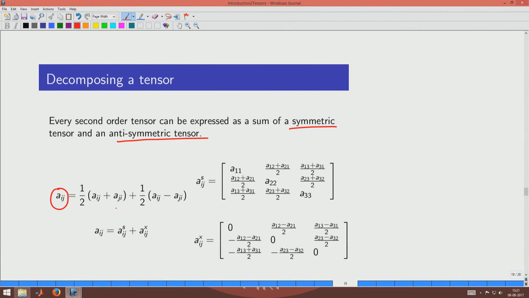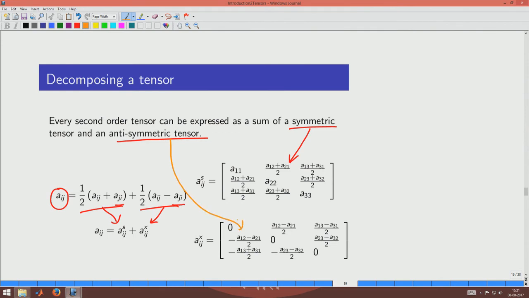What we do is that we add half of Aji and we subtract half of Aji. So, we have not done anything to the tensor Aij, but you see that the first term here is the symmetric part and the second term here is the anti-symmetric part. So, we can see that any tensor Aij can be represented using this kind of summation, a summation of symmetric and anti-symmetric parts. So, this is the symmetric part and this is the anti-symmetric part.